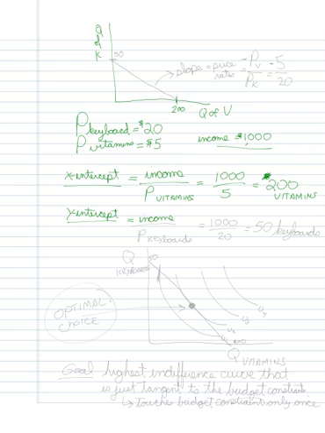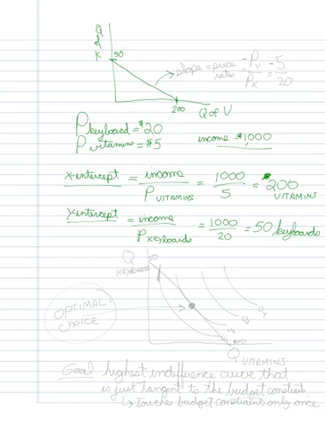Okay? Then I need to figure out my y-intercept, which is going to be my income divided by the price of keyboards, which is going to be 1,000 divided by 20. Right, so now we simply need to connect the dots.